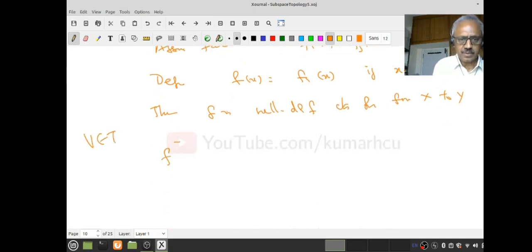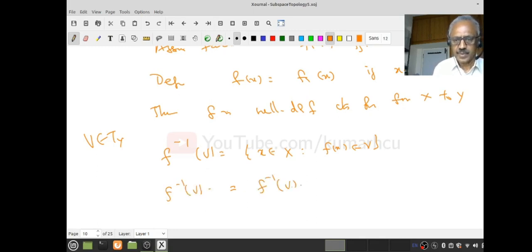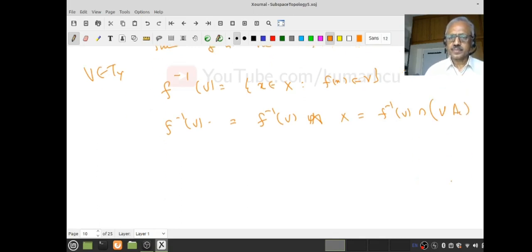Let's start with f inverse of V. This is the set of all x in X such that f(x) is in V. I can rewrite f inverse of V as f inverse of V intersection X, that is f inverse of V intersection the union of A_i.